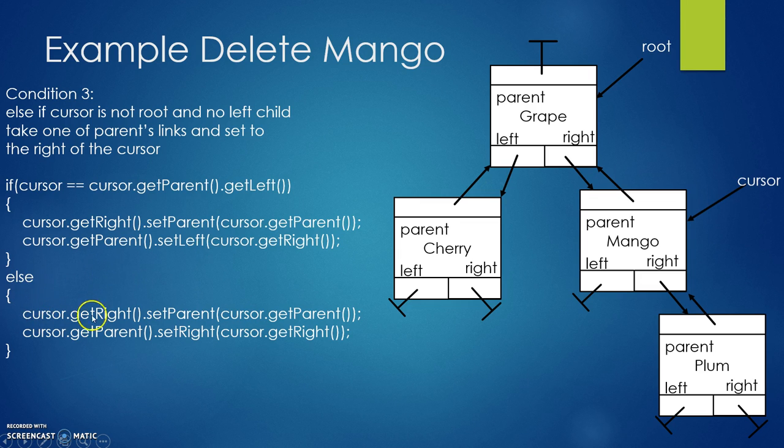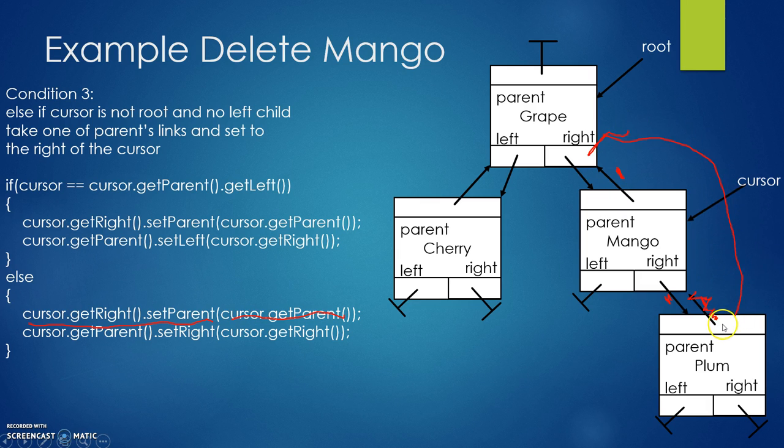In the else, cursor get right is going to be this, and then we're going to set its parent, the thing right here, to cursor get parent. That means this is going to point to the parent of cursor, which is the mango.